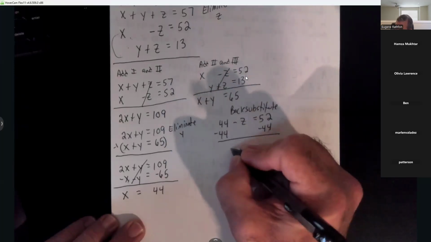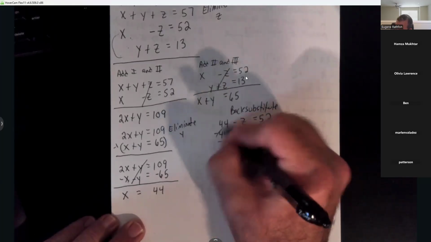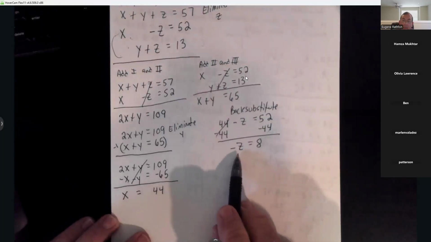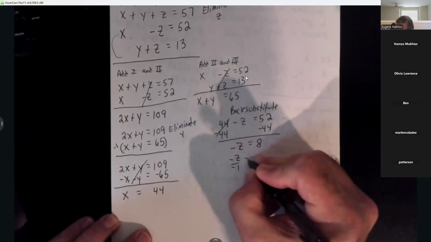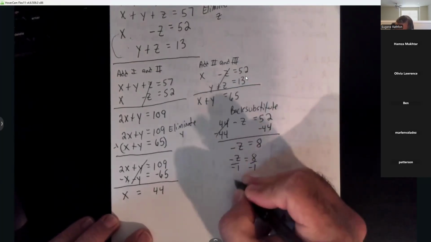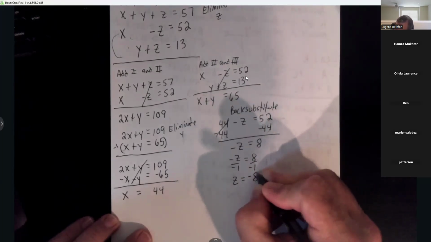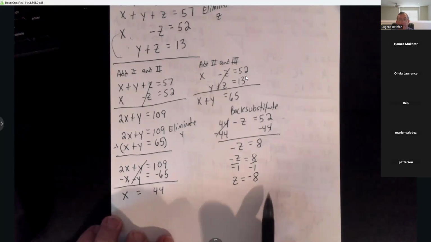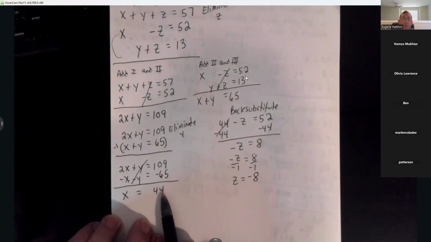Well, that cancels. I get negative z equals 8. And y'all make sure that's positive, so you got to divide by that -1. So that makes z equal to a -8. I now know the smallest number is -8. The largest number was 44.